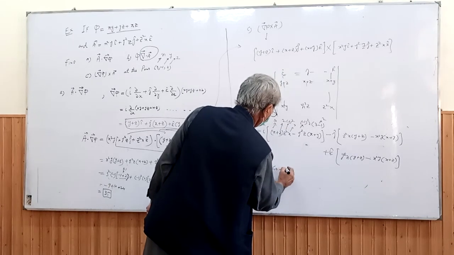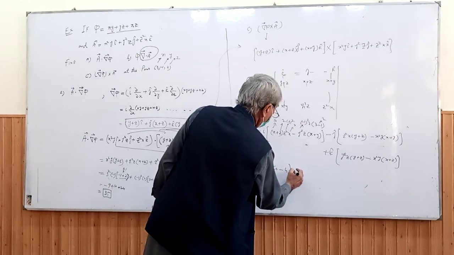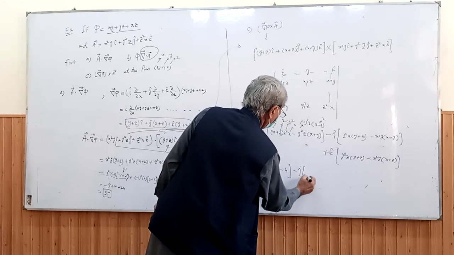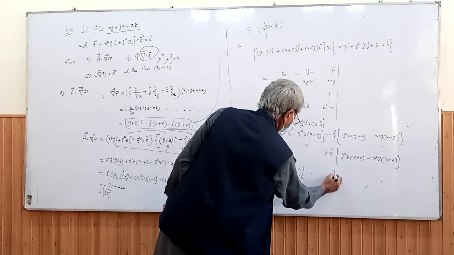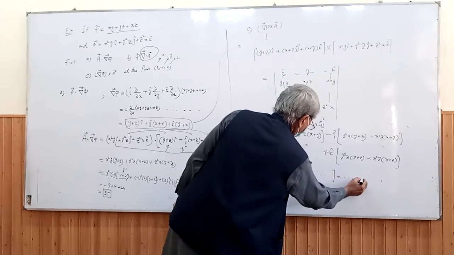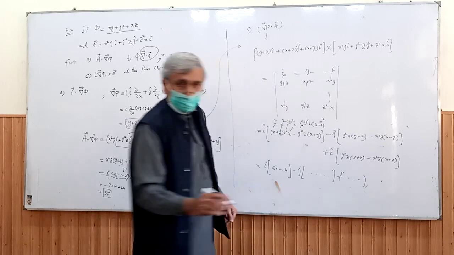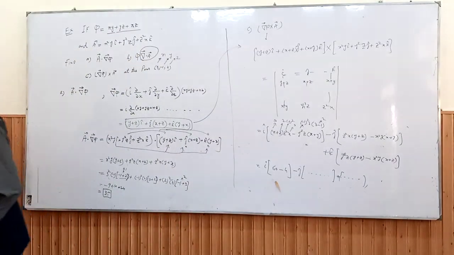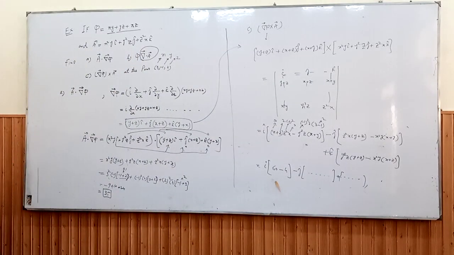So minus 4. Minus j. Similarly, you put values there, right? And you answer it. I'm writing the answer because next is just the empty job.